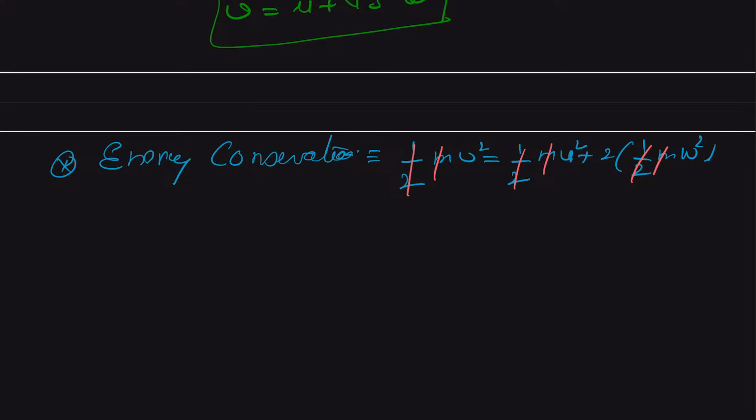Therefore, v square is equal to u square plus twice W square.